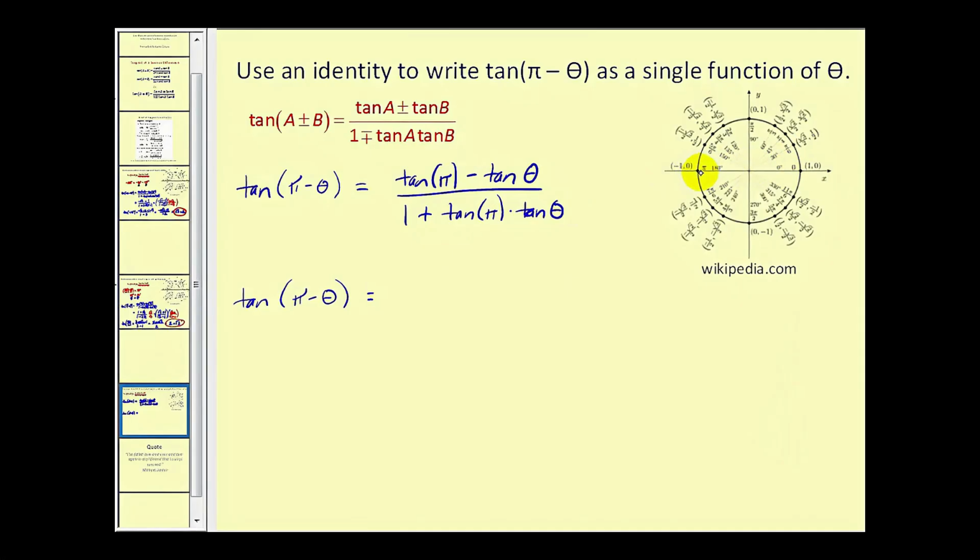Y over x would be 0 over negative 1, so that would be 0 minus tangent theta over 1 plus, again, tangent pi is 0, so 0 times tangent theta would still be 0. And it looks like it's going to equal negative tangent theta.